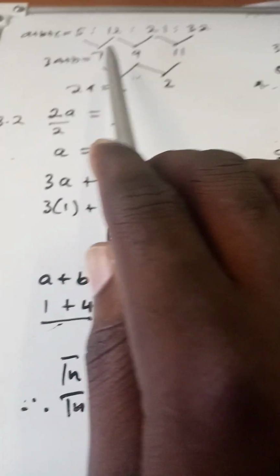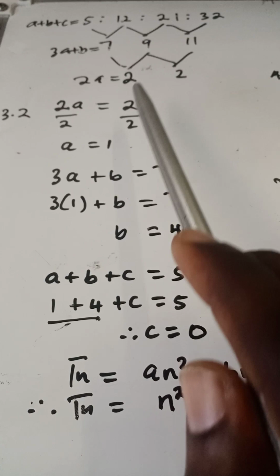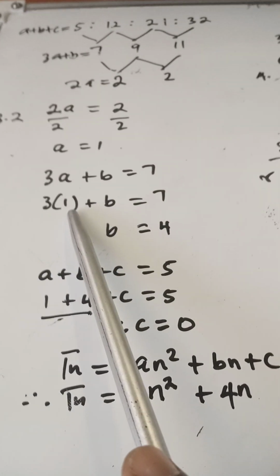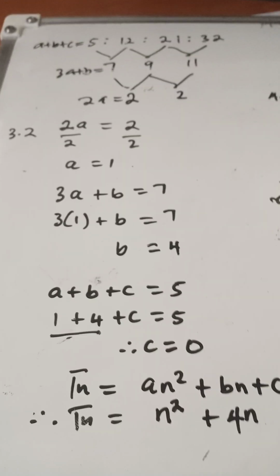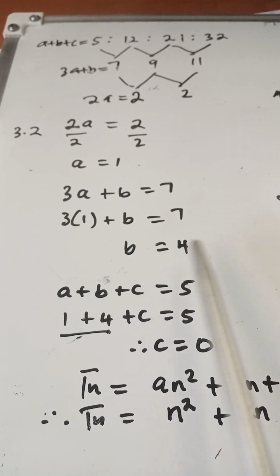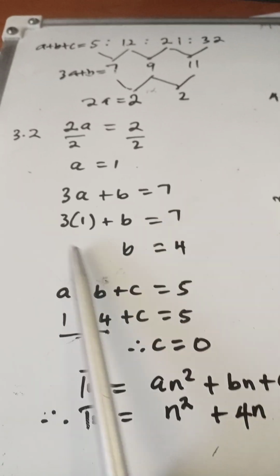Then you go here, you say 3a plus b equals 7. Then you substitute a into that formula, which is 3 times 1 plus b equals 7. Then b is equal to 4. So that's how you got it.